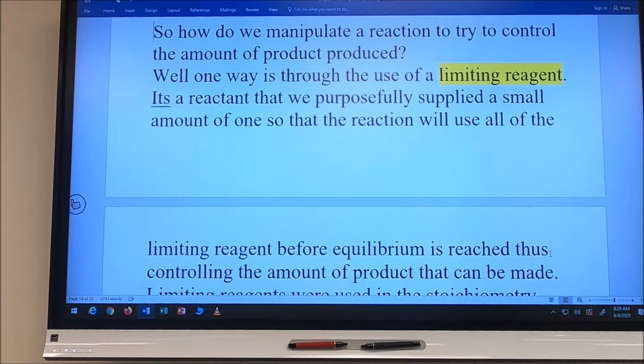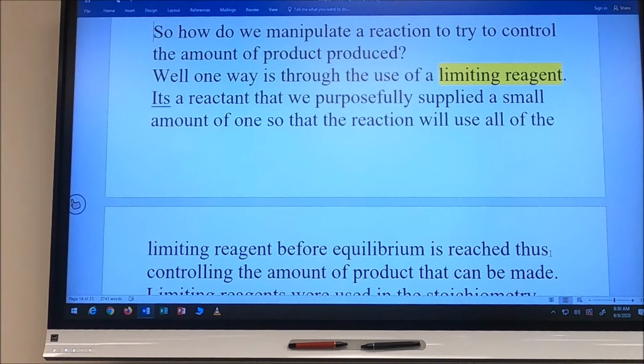So remember, a limiting reagent is the reactant that we purposely supply in a smaller amount so that it limits the amount of product. By using a limiting reagent, we're essentially never letting the system come to equilibrium. And if it never comes to equilibrium, then we don't have to worry about backward and forward reactions.